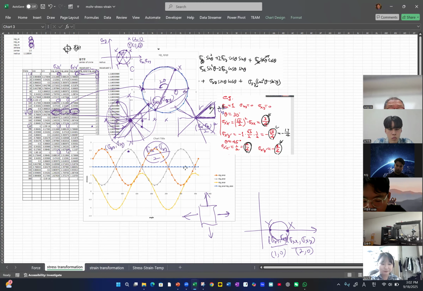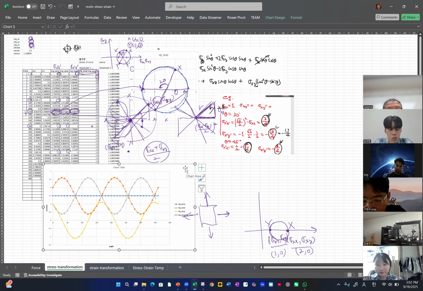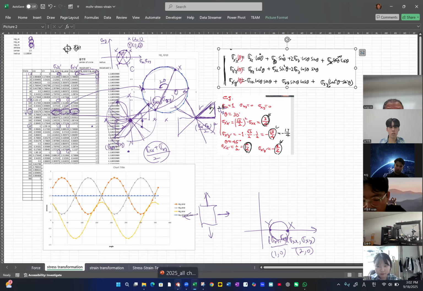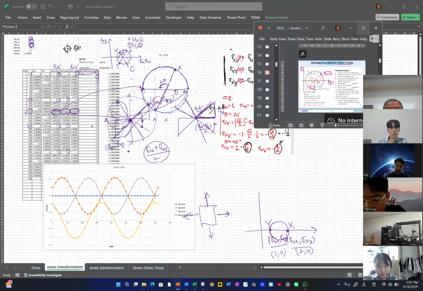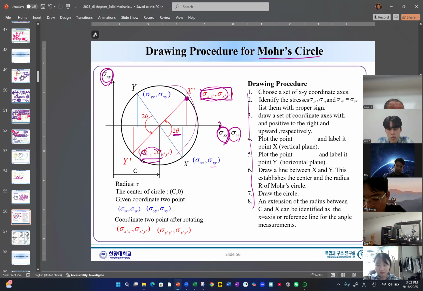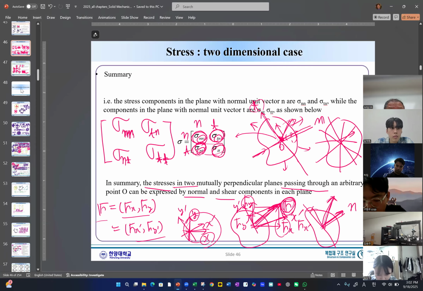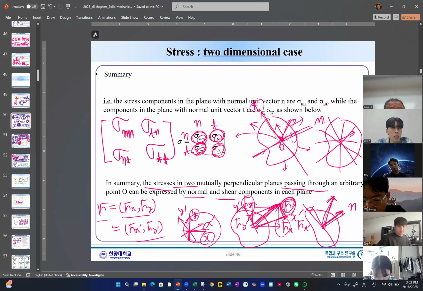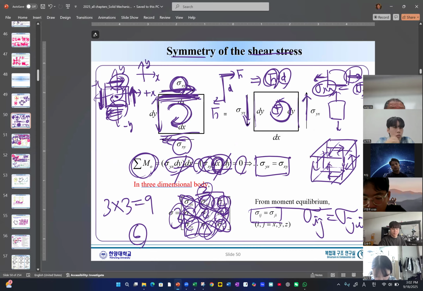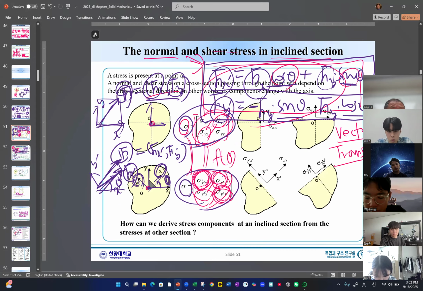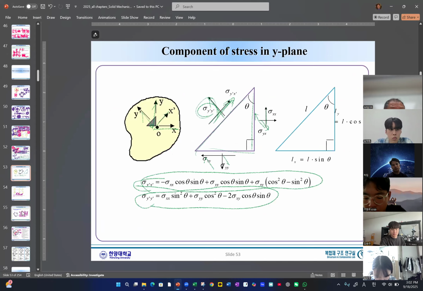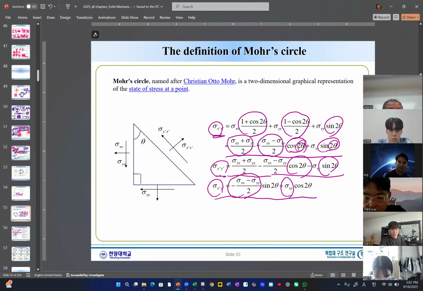Again, my point is that we can understand the transformations, this complicated equation that we derived from force equilibrium, rather complicated procedures like this. The concept, I'm sorry. A little bit complicated equilibrium condition like this, right?